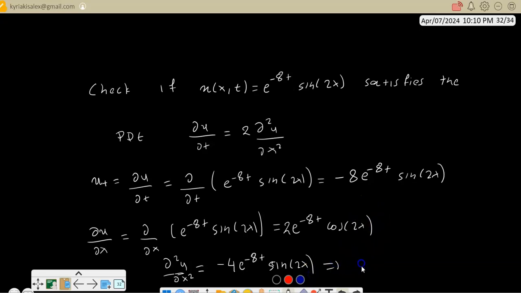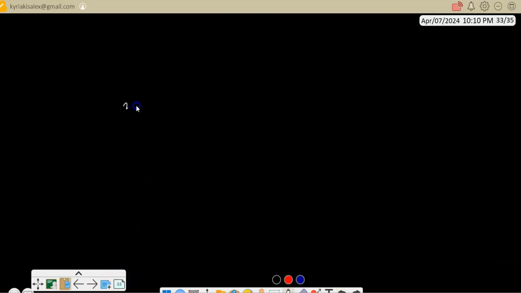So from here, u_xx equals minus 4 e to the minus 8t sine 2x. And u_t equals minus 8 e to the minus 8t sine 2x, and u_xx equals minus 4 e to the minus 8t sine 2x.